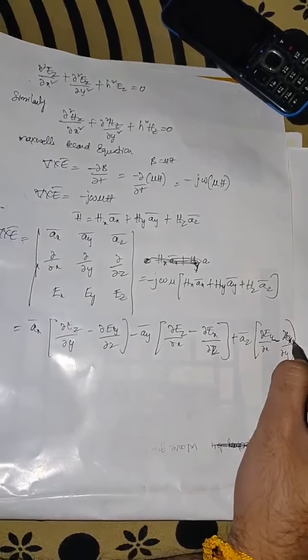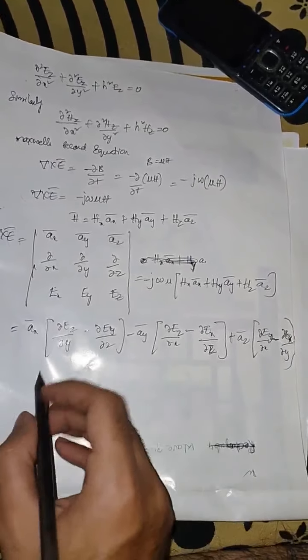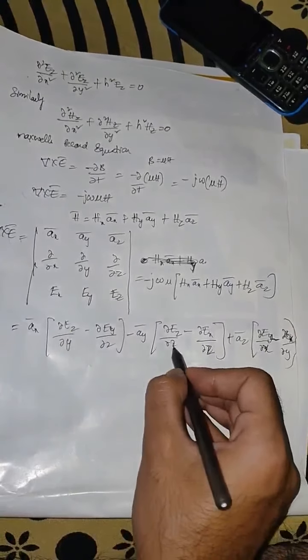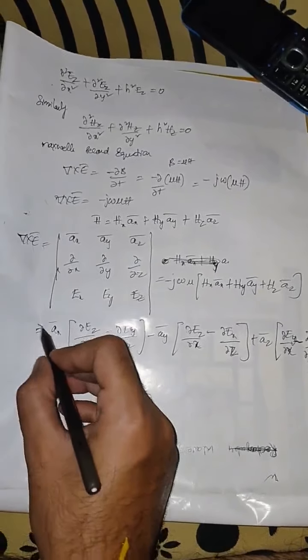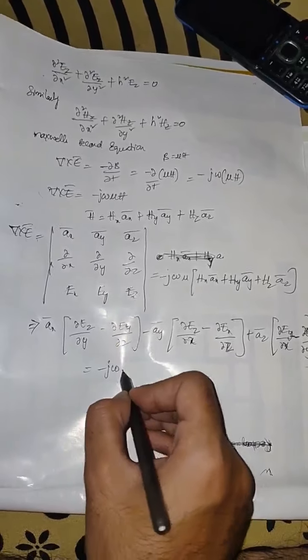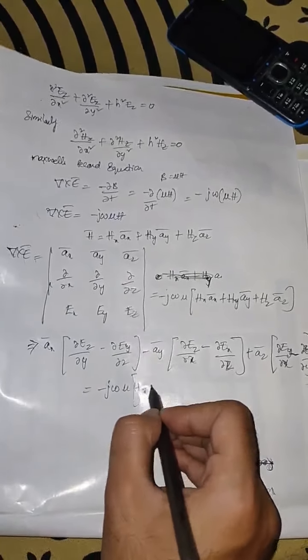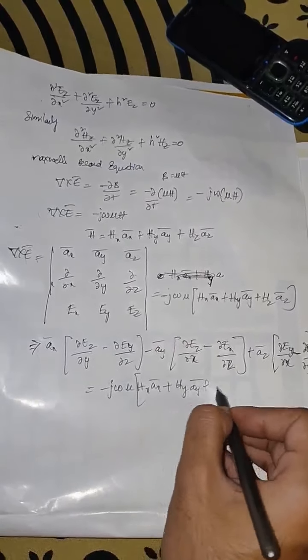So this is x, this is y, this is x, this is also x. Okay, which is equal to minus j omega mu (Hx ax plus Hy ay plus Hz az).